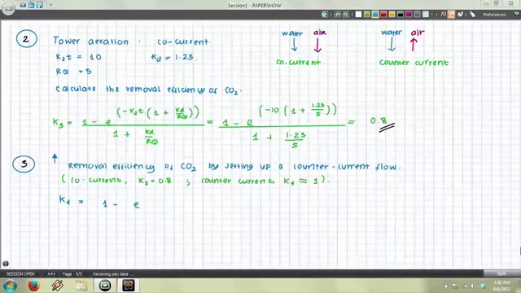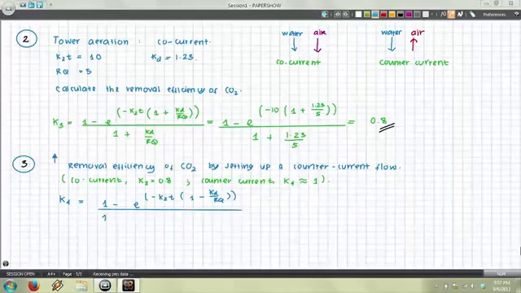One minus e to the power of minus k2t times 1 minus, so be careful, this is a minus, not a plus like we see in K3, kd divided by rq, and then you divide all that with 1 minus kd over rq.